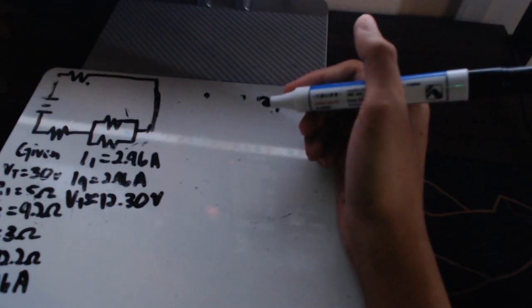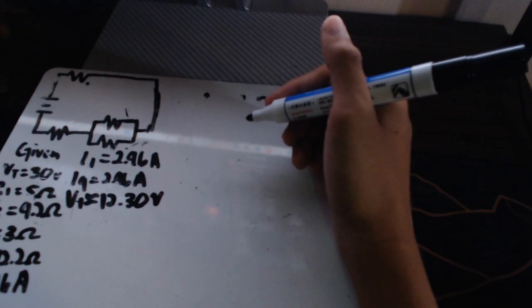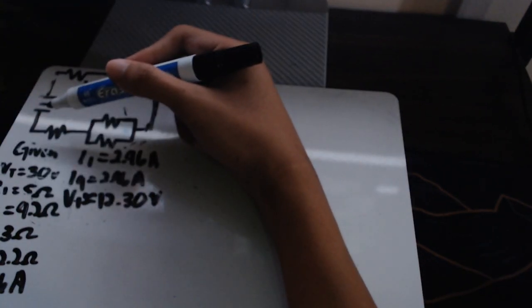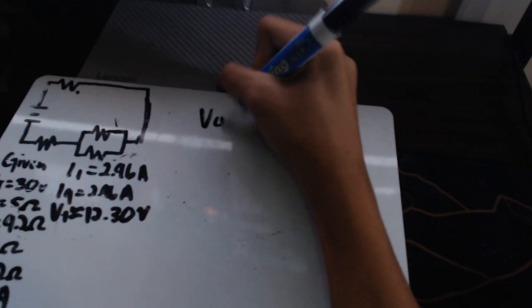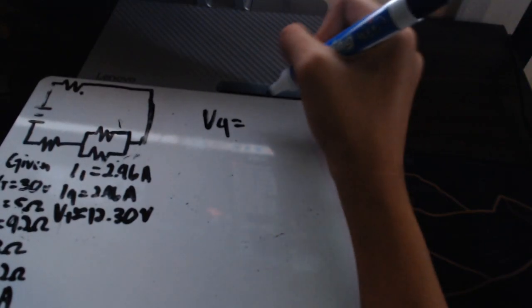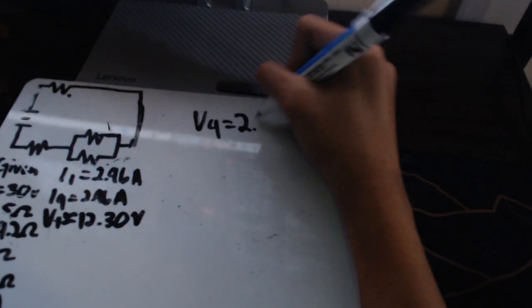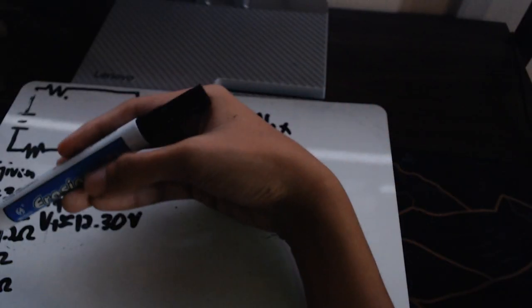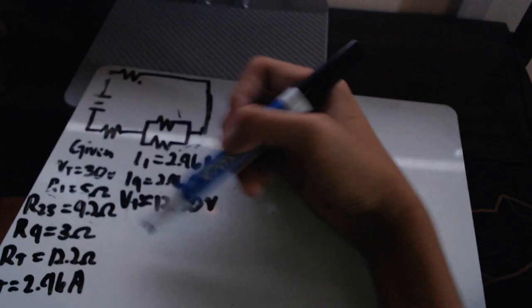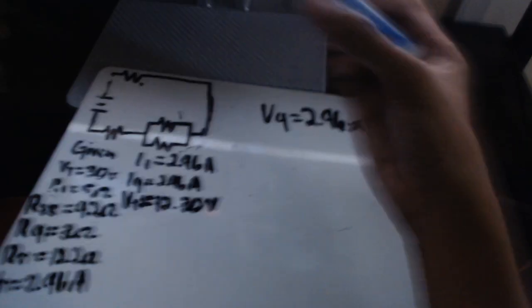And now, what's next to V1 is V4. We're going to find the voltage across resistor 4. Now we'll just do the same thing as we did for finding V1. V4 equals the current for R4, which is 2.46, times the resistance, which is 3 ohms.